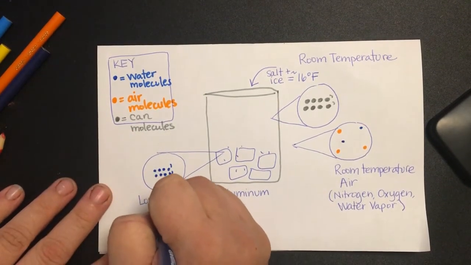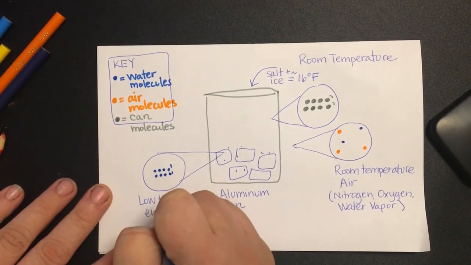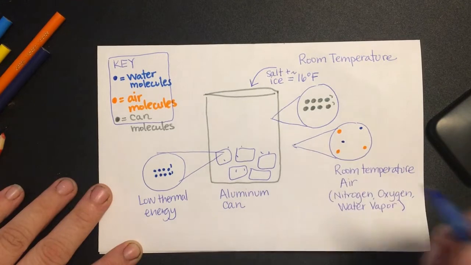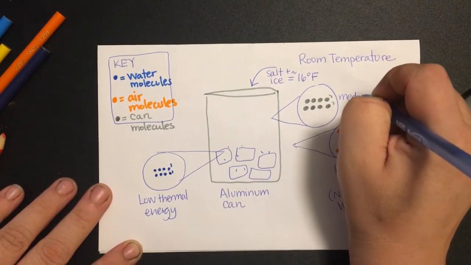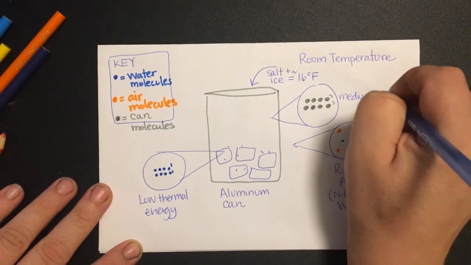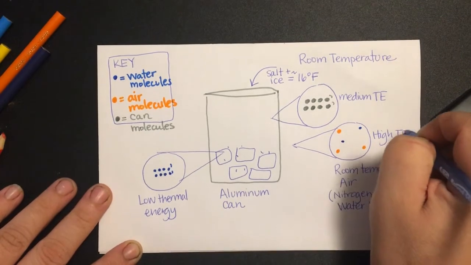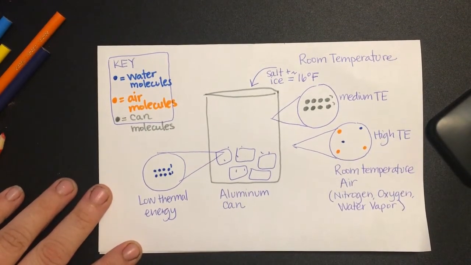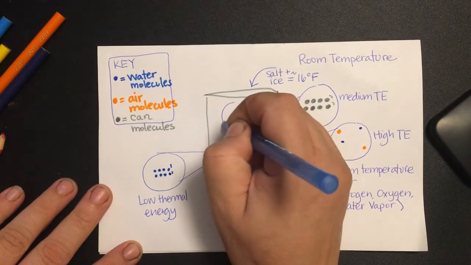It also means that when we are looking at all three of these pieces of the puzzle, the can, the salty ice, and the air, the ice has the lowest thermal energy, followed by the can, which has a medium amount of thermal energy, and then lastly, the air, which has the highest amount of thermal energy.